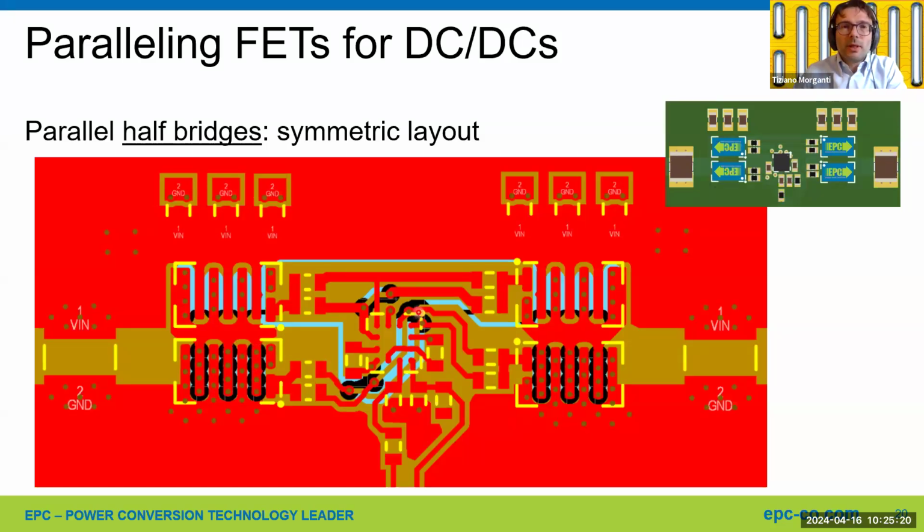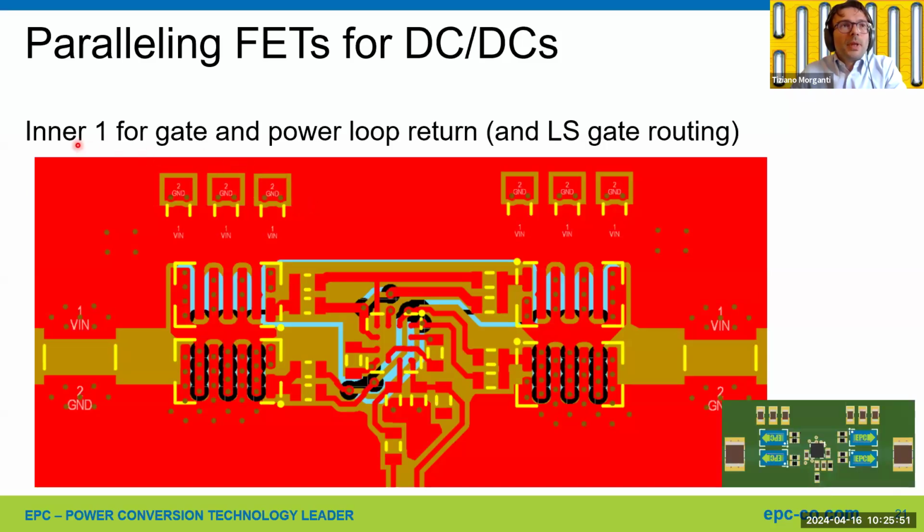So you can see it is not perfect, but when you parallel devices, you always have to do some trade-offs, and this is why we recommend to use parallel devices only if the biggest device that we offer is not sufficient for your application.